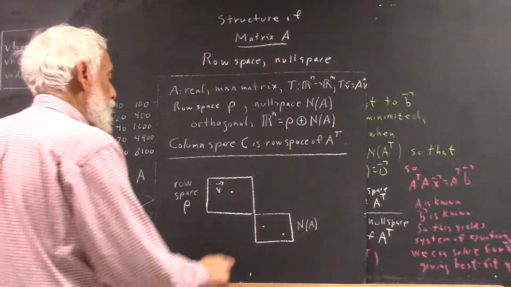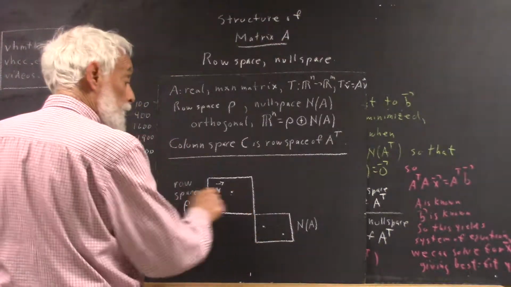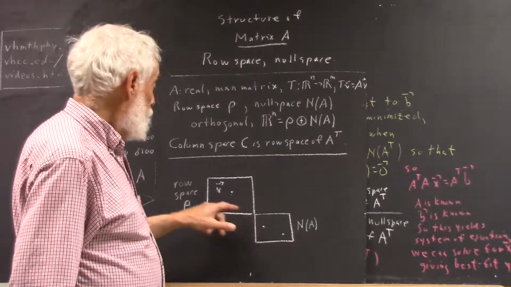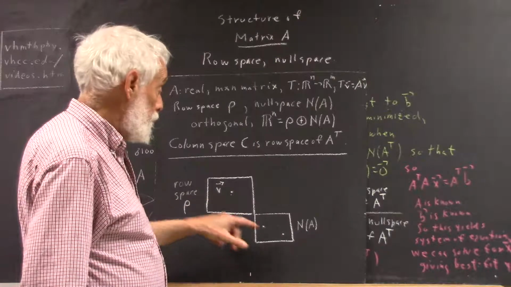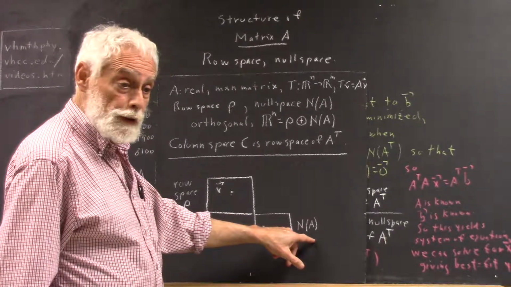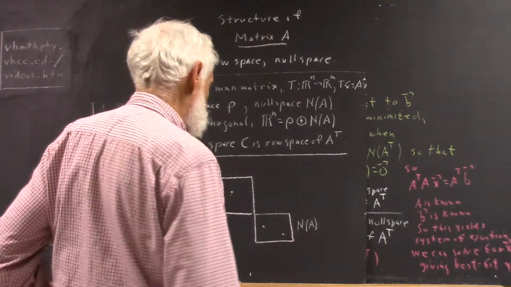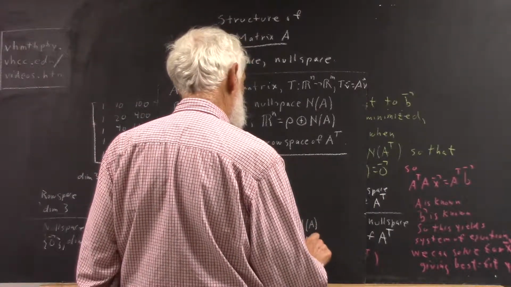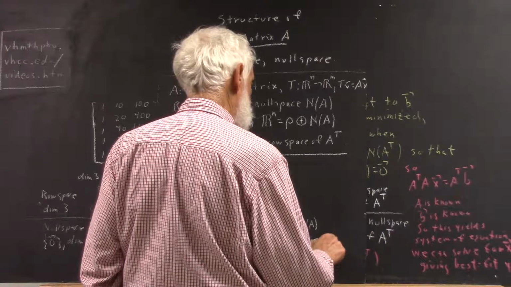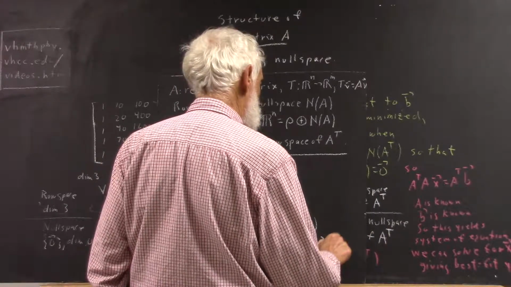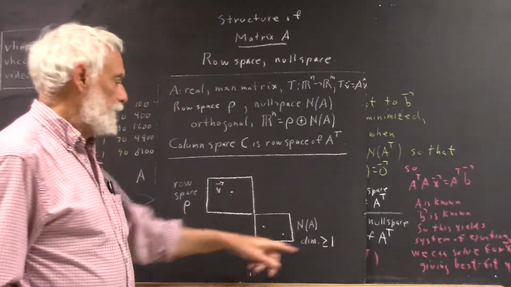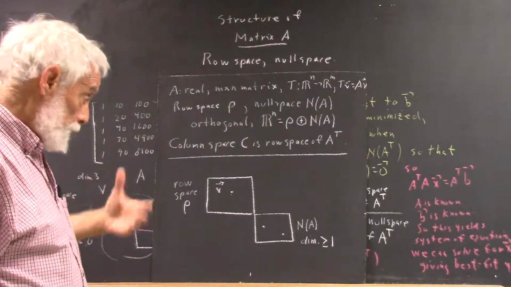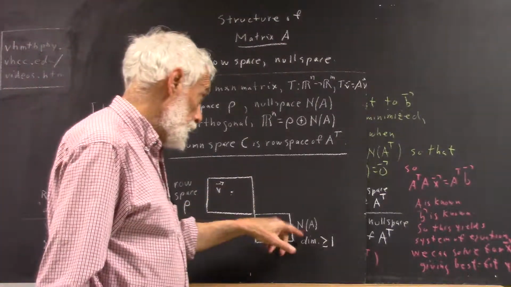If I add this vector to this vector, the resulting vector is not in the row space, unless the nullity is greater than 1. So let's assume that the dimension of the null space is at least 1, so the null space doesn't consist of just the zero vector. There's more than one vector in the null space.